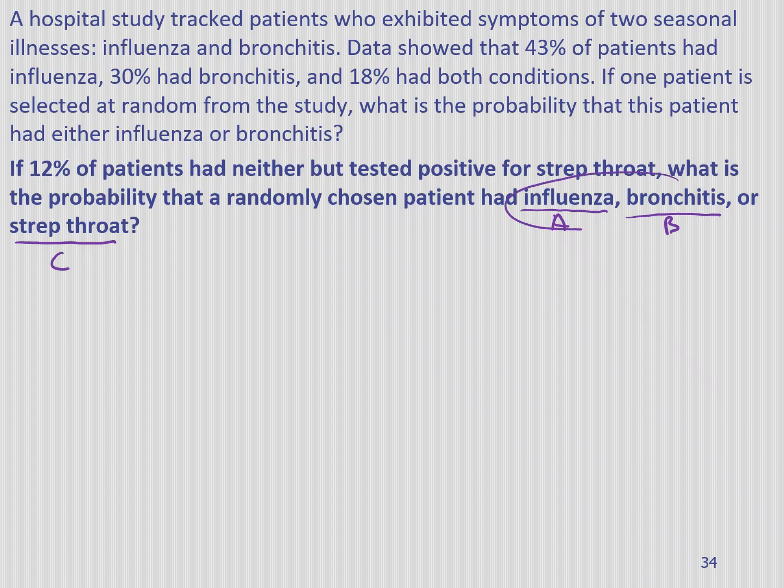We know these two overlap, influenza and bronchitis. A and B are not mutually exclusive. But C is, because it says in the problem, if 12% of patients had neither, not influenza, not bronchitis, but tested positive for strep throat, right? So those 12%, that's a separate group.